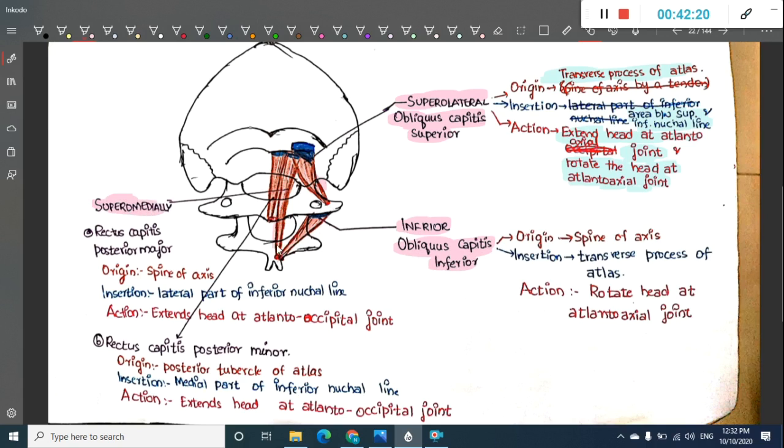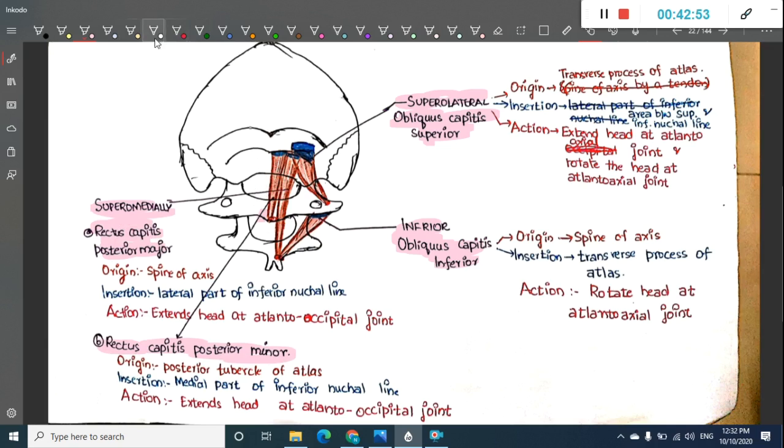This is one muscle which is the longer muscle, rectus capitis posterior major, and this smaller muscle seen here is called rectus capitis posterior minor.